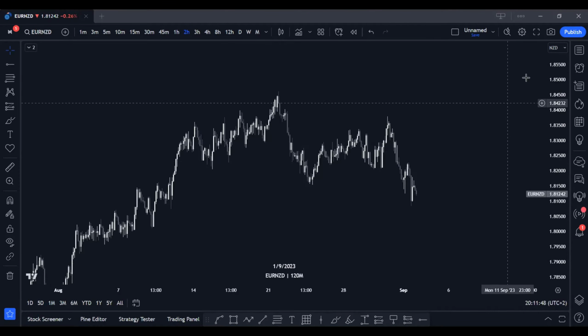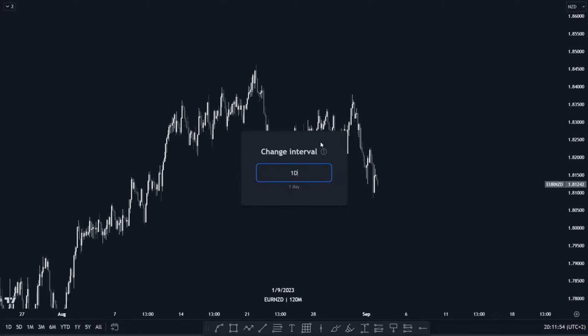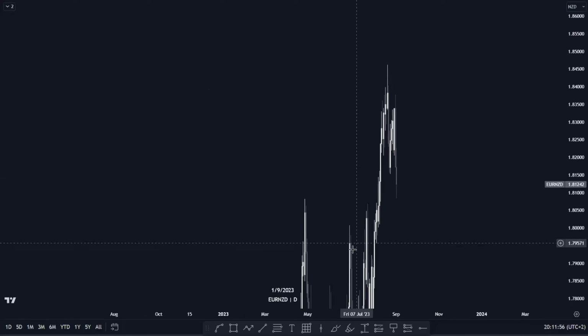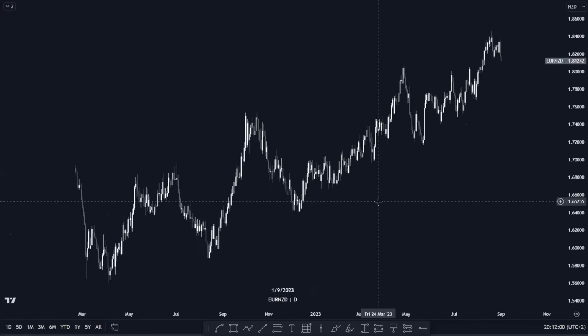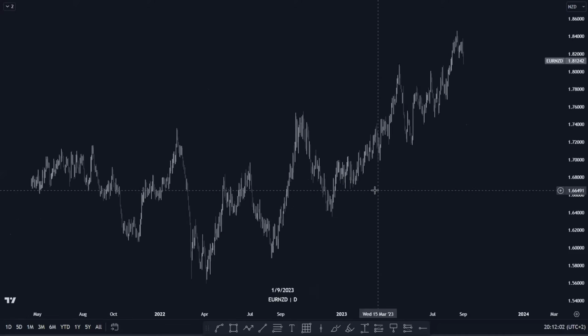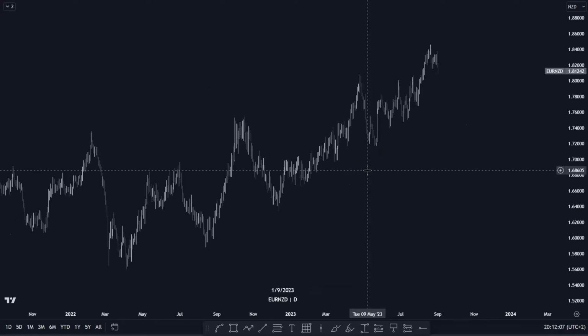First and foremost, here we have Euro NZD. Let's start with our daily time frame. As you can see, we are in a bullish trend, whereby we are creating our higher highs and higher lows.